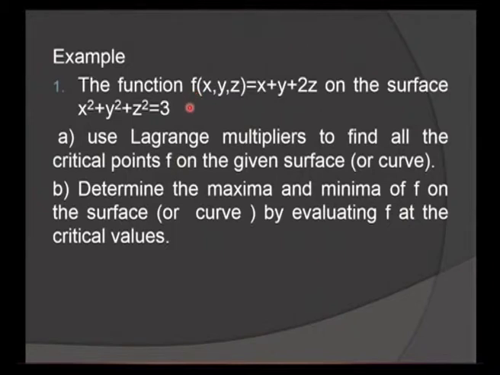Use Lagrange multipliers to find all the critical points of f on the surface, both maxima and minima. Then determine the maxima and minima of the function f on the surface by evaluating the value of f at the critical values. From this example, we will learn how the critical points can be obtained.